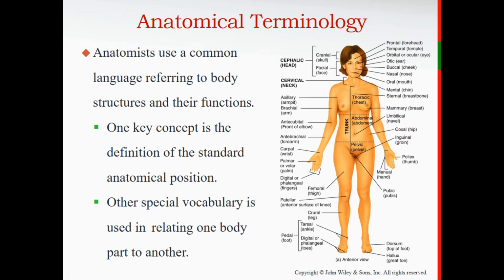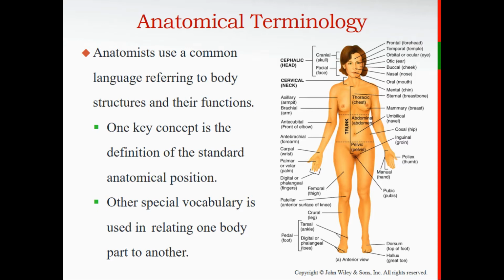You will hear these words repeated over and over again, and if you have a good understanding of these terms, they'll help you orient your way around the human body. Anatomists use a common language referring to body structures and their functions, and we'll do the same.